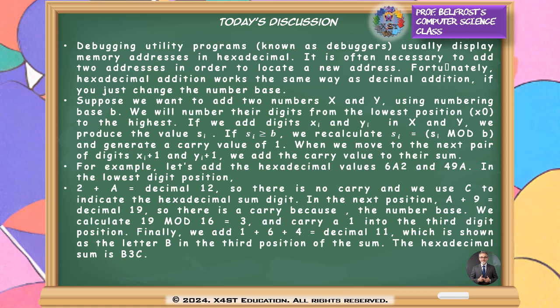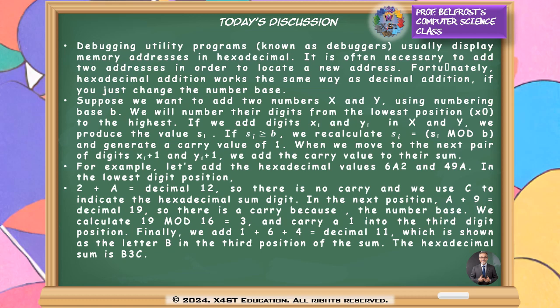When we move to the next pair of digits, xi+1 and yi+1, we just need to add the carry value to the sum. For example, the addition of 6A2 and 49A. In the lowest digit position, 2 plus A equals 12. Then in the next position, A plus 9 is 19, and there is a carry because of the number base.